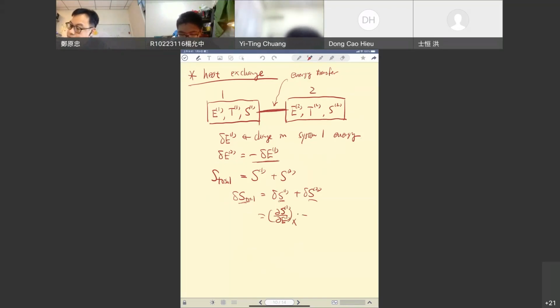Then times delta E1. Right? Because this change in entropy is induced by the change in energy. So we have the first derivative times delta E, calculus. And for system 2, the same equation, but now for system 2.